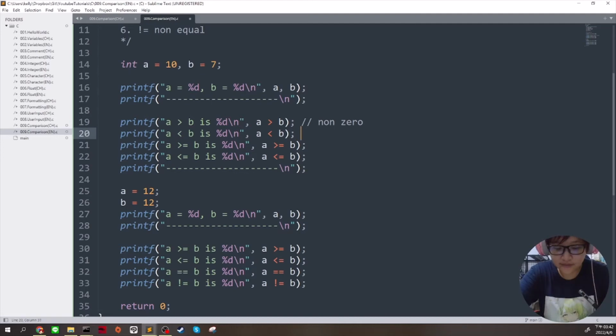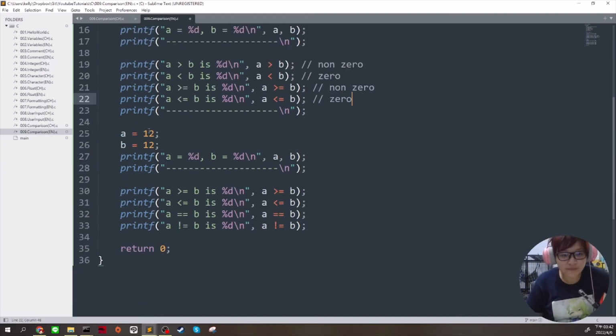A lesser than B, we expect 0. A greater or equal to B is non-zero. Lesser or equal is 0.